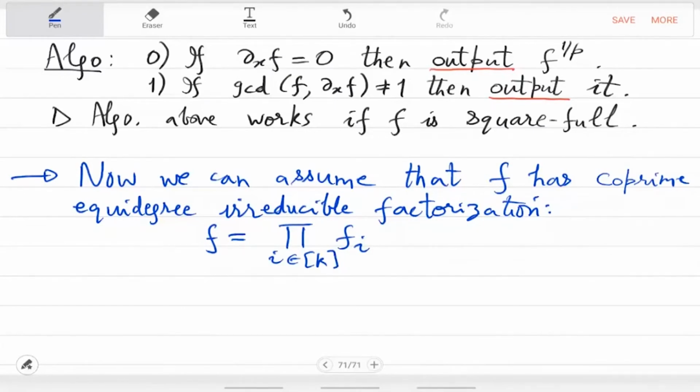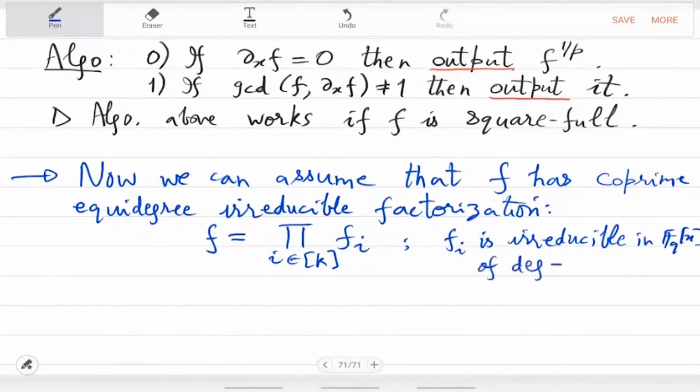So say f has k such factors, and each fi is irreducible in this polynomial ring. Of degree, how much?